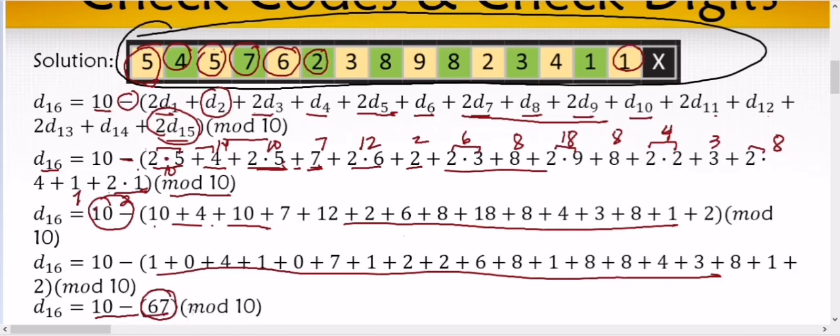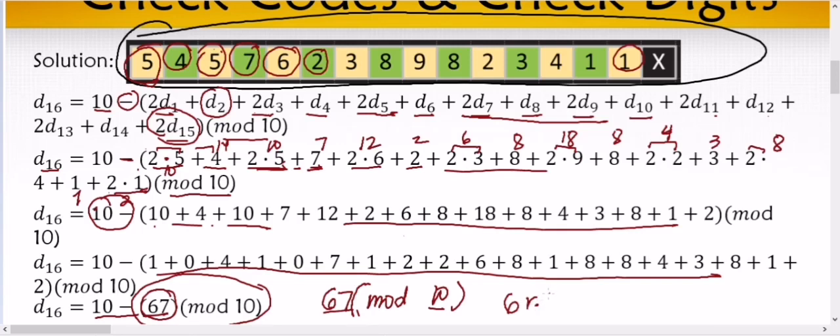So, ngayon, gagamit na tayo ng modulo operator. So, ito muna yung solve natin. 67 modulo 10. So, ano ba ibig sabihin nito? You just have to divide 67 by 10. So, how many tens do we have in 67? We all know that. We have 6. Then, there would be a remainder.